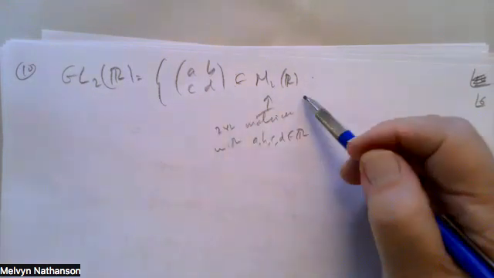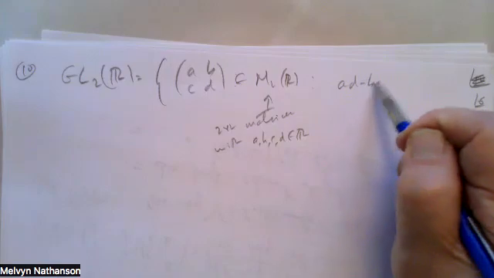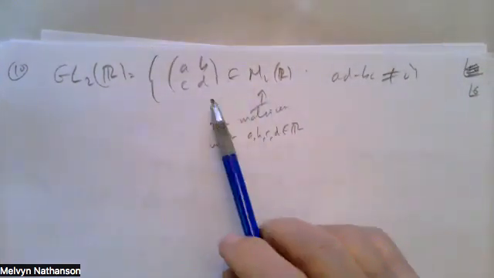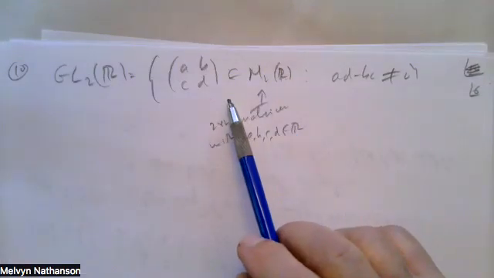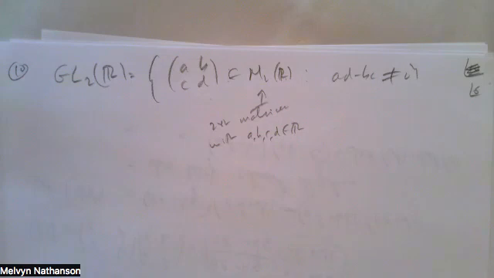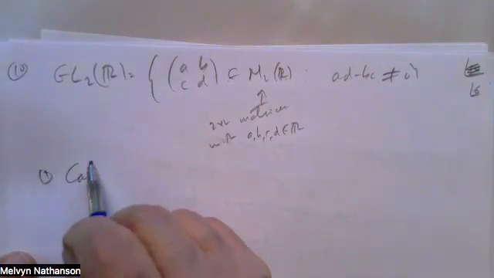And I'm looking at all matrices that have the property that ad minus bc is different from 0. So I'm not looking at all matrices. I'm looking at all the matrices with non-zero determinant. And I want to show this is a group under matrix multiplication. So first of all, this is a check. So you have to do a calculation.